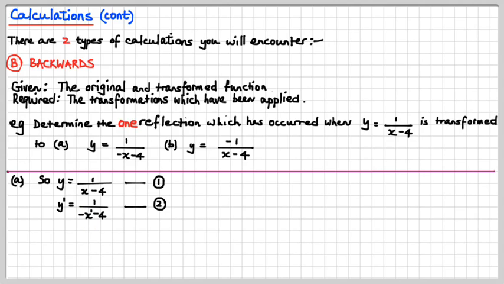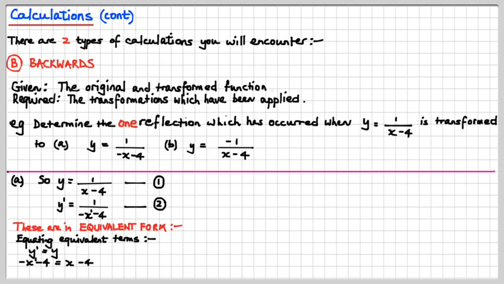Now, those expressions are in equivalent form because the interloper, the different term there, the minus, belongs to this x term. All extra terms that you put in the transformed function have got to belong to either the x or the y, and he is firmly belonging to the x term, so they're in equivalent form. So now we can equate equivalent terms, and we can say therefore y dashed equals y.